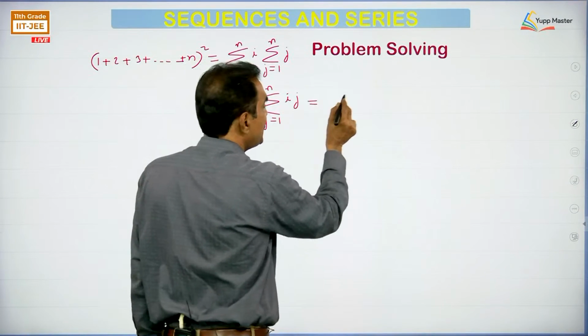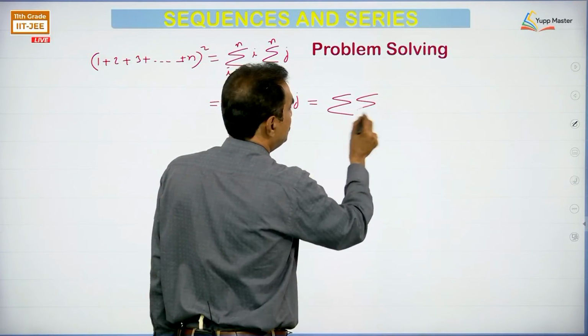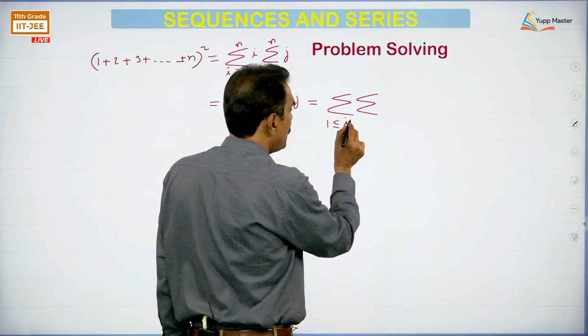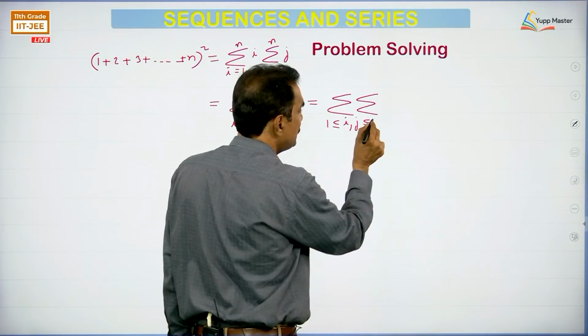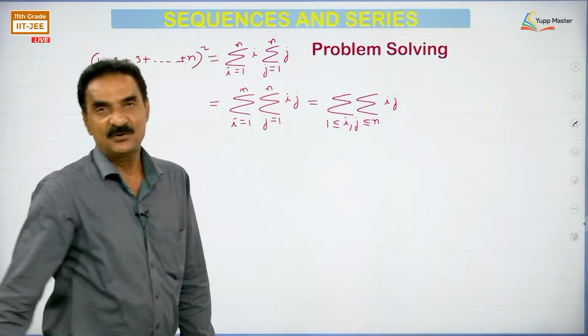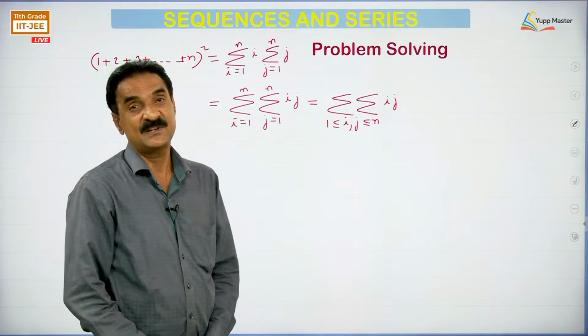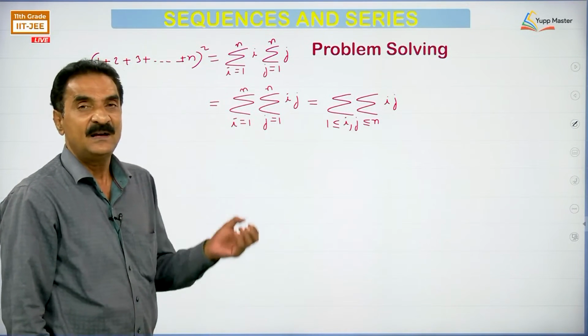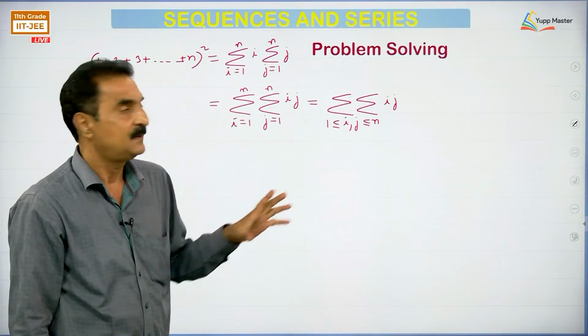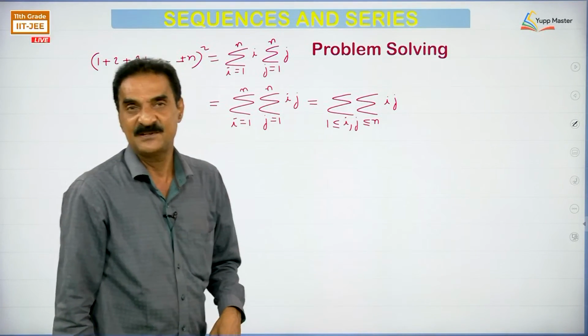We can also write it as sigma sigma 1 is less than or equal to i and j less than or equal to n, i into j. So here there are two sigmas because there are two variables i and j, and i and j independently vary from 1 to n. That is the meaning of this double sigma.